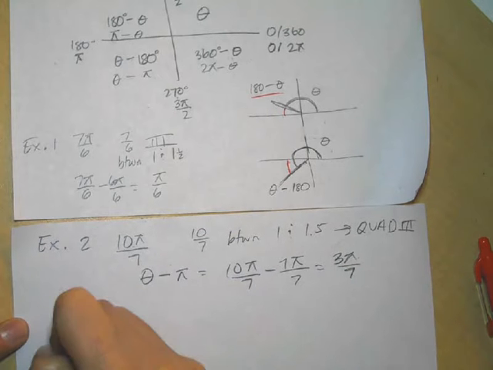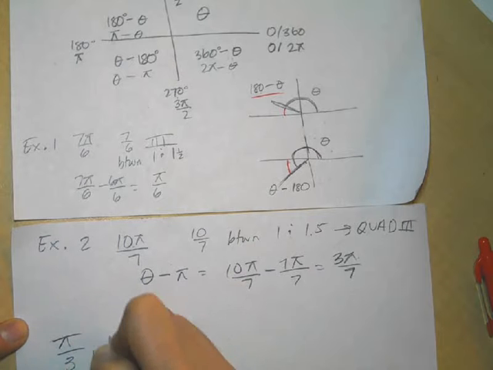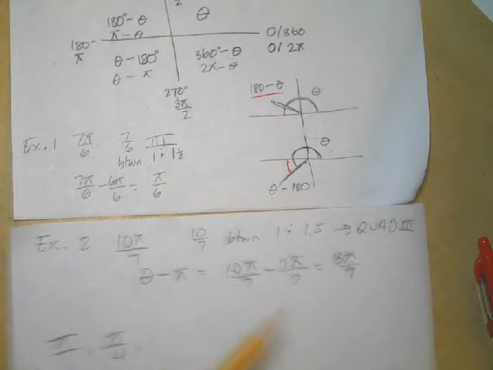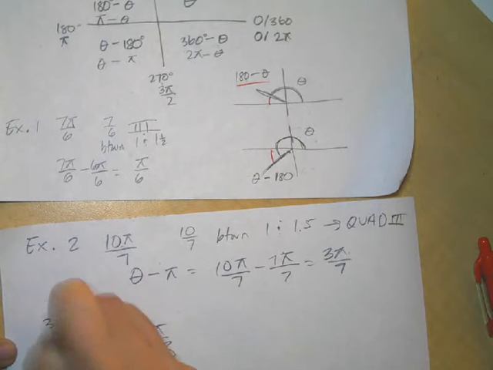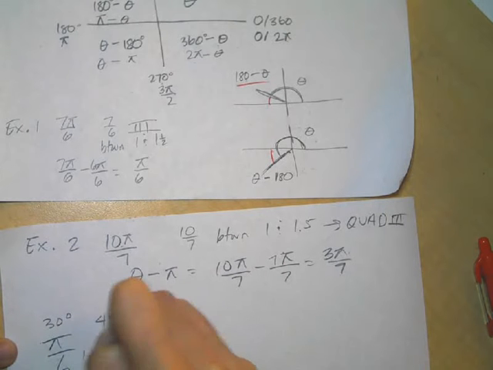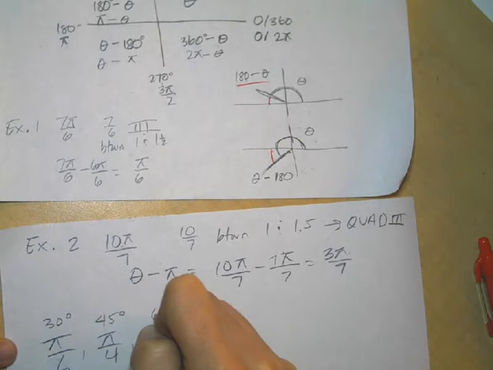Fortunately for us, when you have the angles that we use all the time, which are pi over 6, pi over 3, and pi over 4, this goes with 30, 45, 60. So these are our special angles, right?